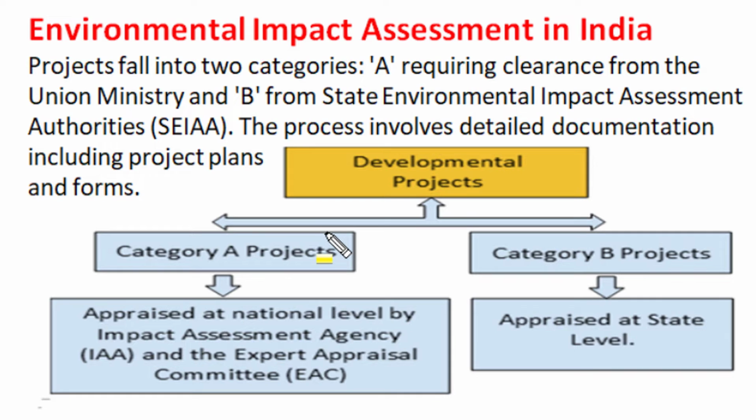For environmental clearance of developmental projects in India, the environment impact assessment of projects falls into two categories, category A projects and category B projects.